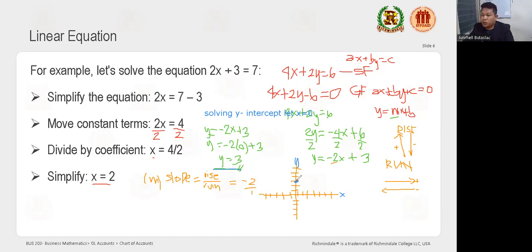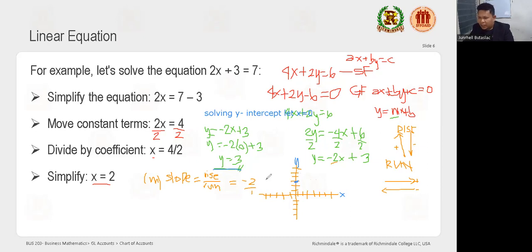So -2, from here, 1 and 2. But if this is +2, for example, we count 2 times going up, starting from the y-intercept. Take note that when you plot the slope, you have to start with the y-intercept, or the point where the y-intercept is located.